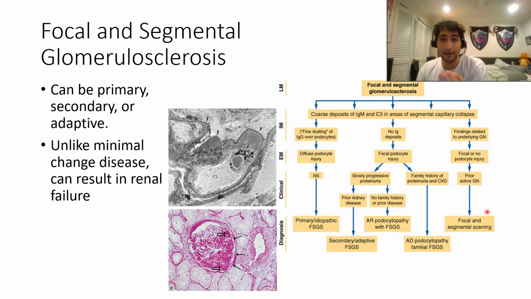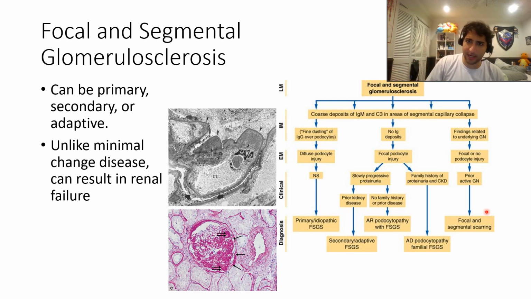If you don't have a genetic predisposition and there's no prior kidney disease, and you have this medical history of glomerulonephritis, et cetera, it's just focal and segmental scarring. It's the scarring caused by the nephritis.